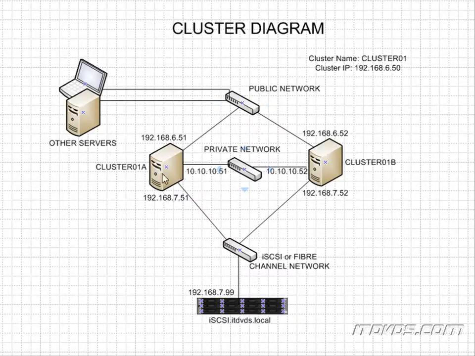Now on each node, these are just servers. They have disks inside them. We're going to install Windows Server 2008 R2 Enterprise. So cluster 01A is going to have Windows 2008 R2 Enterprise, and same with cluster 01B. It's going to have Windows 2008 R2 Enterprise installed on disks internal to the server. So those are not shared disks. And we'll also be installing the clustered application.